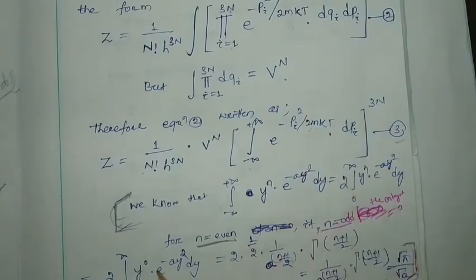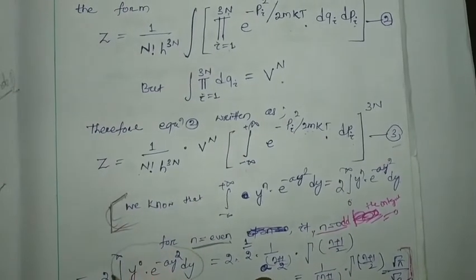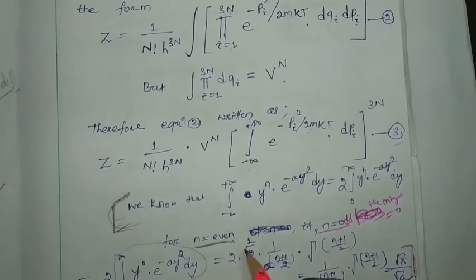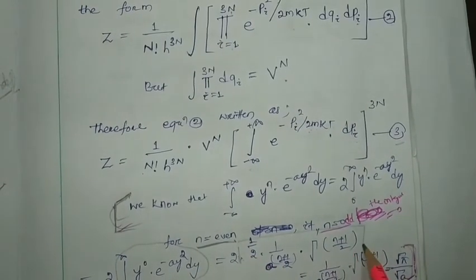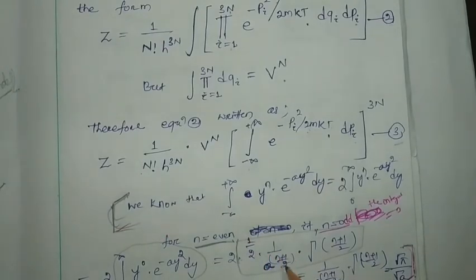So it can be written as 2 into the integral from 0 to infinity of y to the power 0 e to the minus a y square dy, right? And this value is 1 by 2 times 1 by a to the power (n plus 1) by 2 into gamma of (n plus 1) by 2.